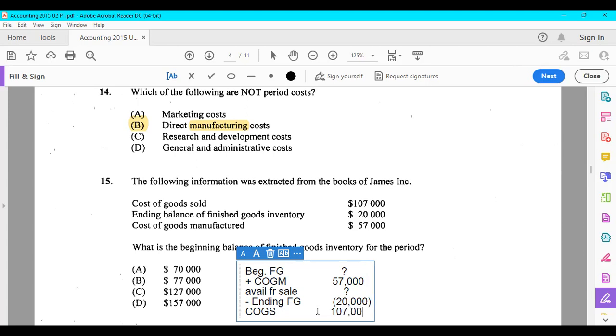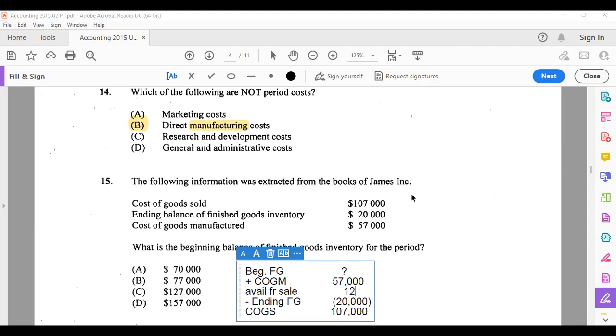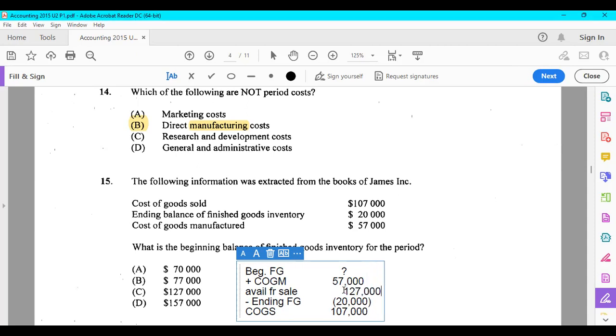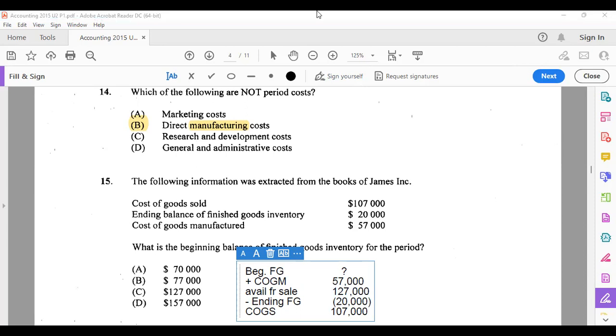Now let's work backwards. We need to find available for sale. It's the same thing like before. If a number minus 20,000 gives you 107,000, what's that number? That number would be $127,000. And then it's the same thing again, we're working our way up.